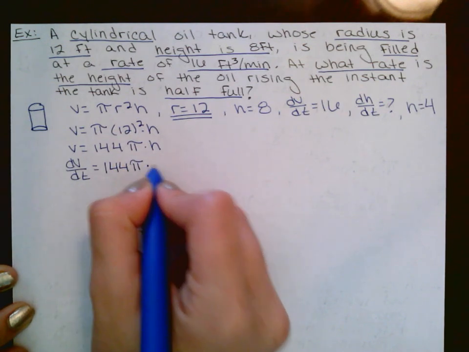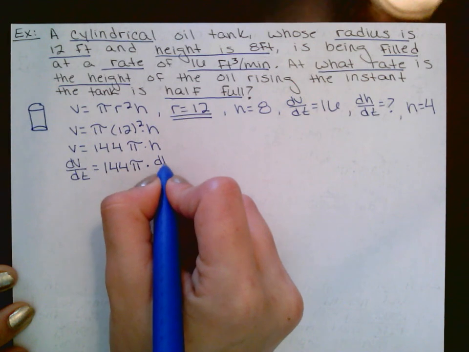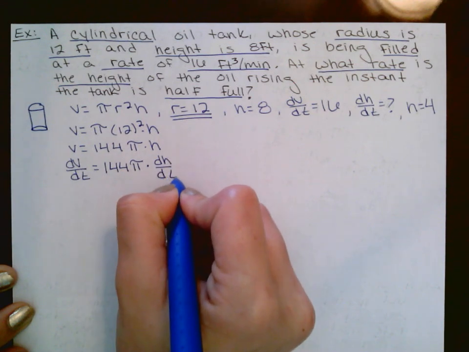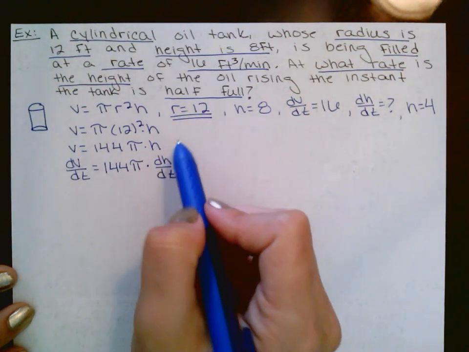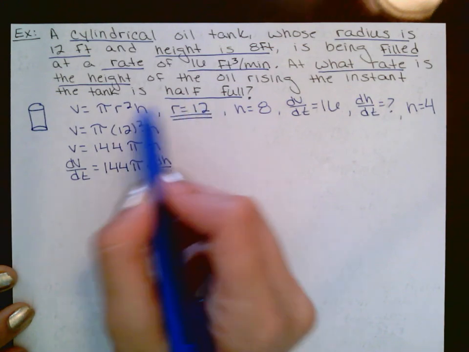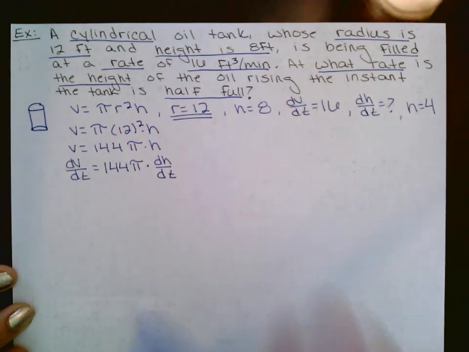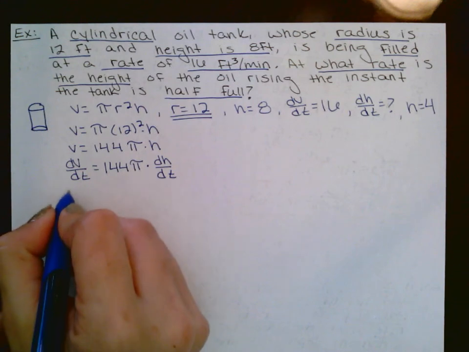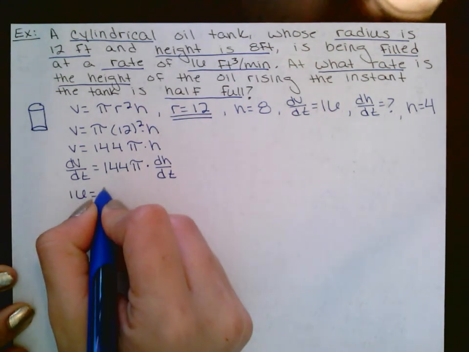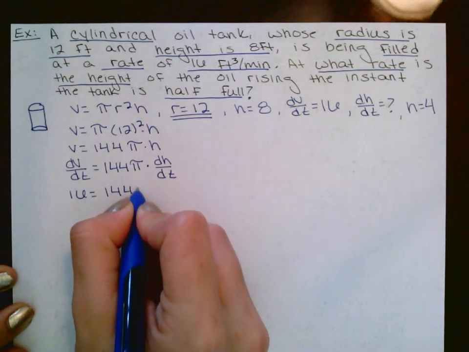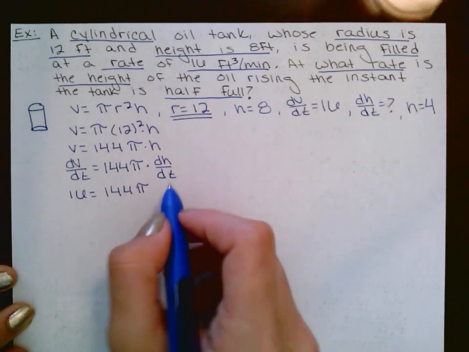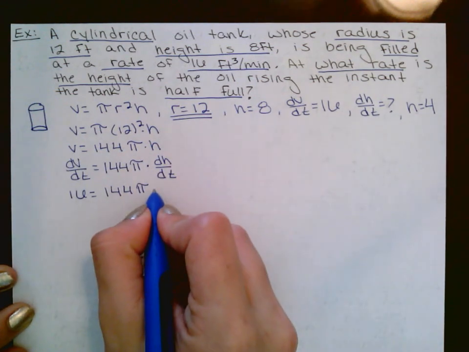Derivative of H is 1, and then implicit is dH/dt. Okay? So as long as you remember that information that doesn't change, like in a cylinder is radius, that goes in first, this problem is actually very, very simple. Okay? So let's plug in what we know. dV/dt is 16. And then dH/dt is what I'm solving for.